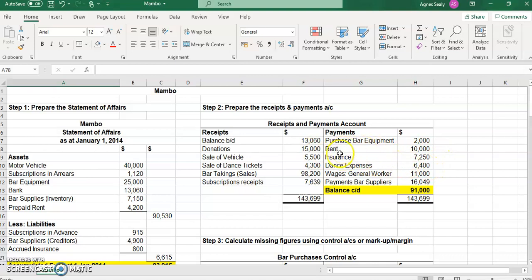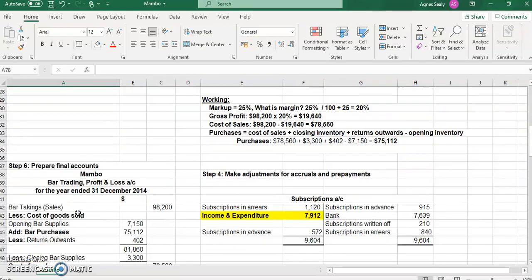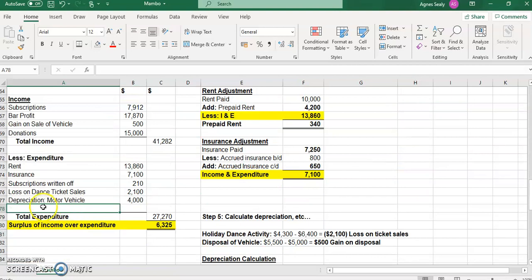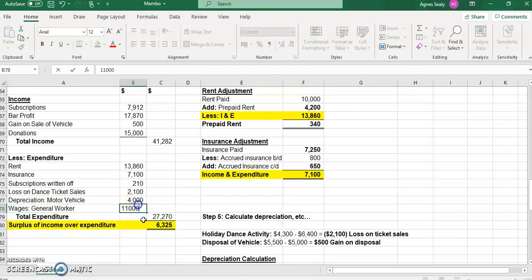So we already accounted for the rent, the insurance, the dance expenses, and we have another expense here that's not accounted for, which is wages to the general worker, $11,000. So that's our final expense. We're going to enter wages, general worker, $11,000.